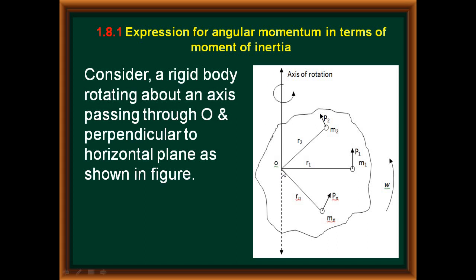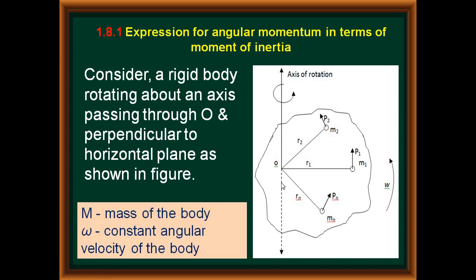The plane of rotation of this irregular shaped laminar body is the horizontal plane, and the axis of rotation is perpendicular to the horizontal plane. The body is rotating with a constant angular speed omega. It is shown here. The total mass of the body is equal to capital M.